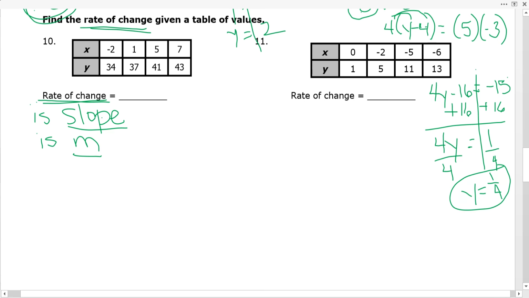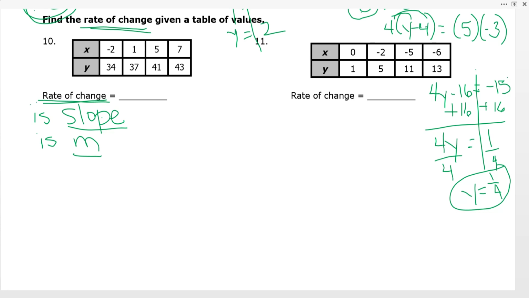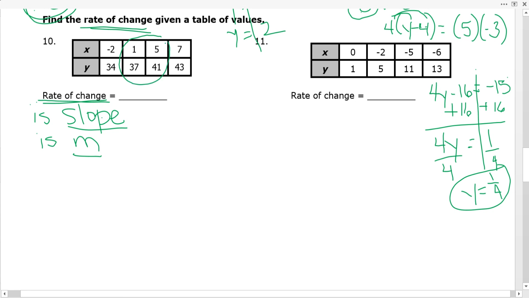I do know that. Okay, so I have a whole table of values. And I only need 2 points because to find the slope, I only need 2 points. So pick the 2 points that look the easiest to you. I'm going to pick these 2 in the middle. Doesn't really matter. I'm going to have x1 is 1, y1 is 37, x2 is 5, y2 is 41.